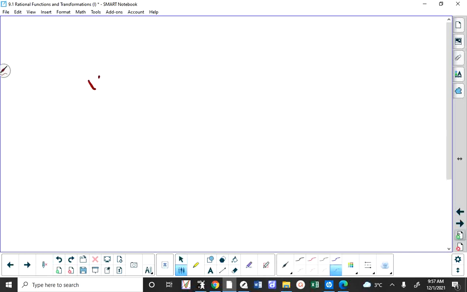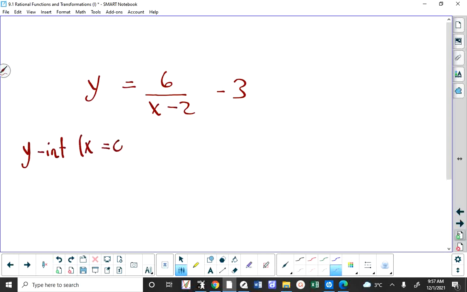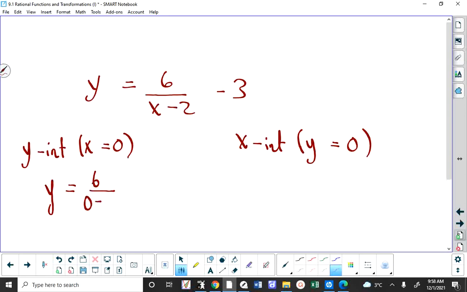Our function is y equals 6 over x minus 2 minus 3. To find a y-intercept, we let x equal 0. To find an x-intercept, we let y equal 0. The y-intercept is pretty easy because it's already rearranged for y. We'll have 6 over 0 minus 2 minus 3.